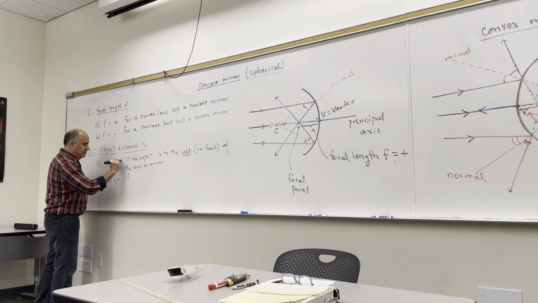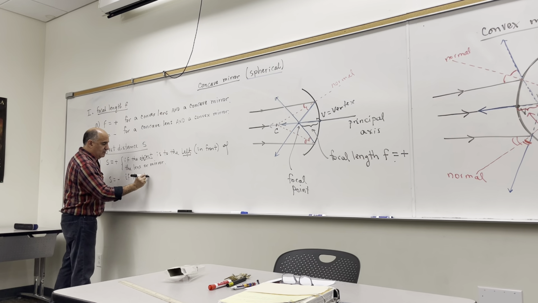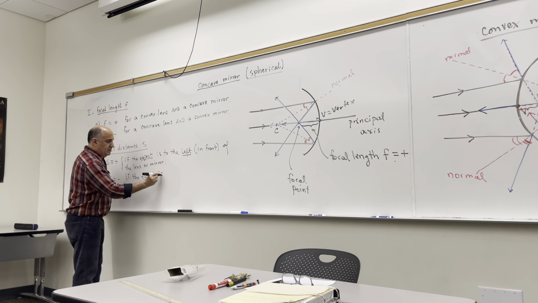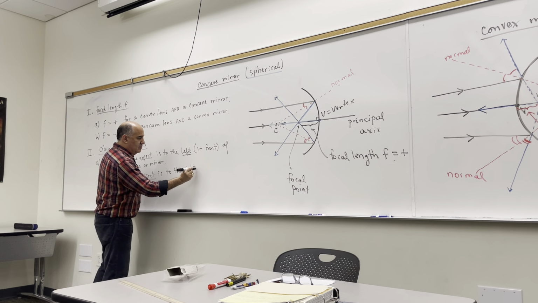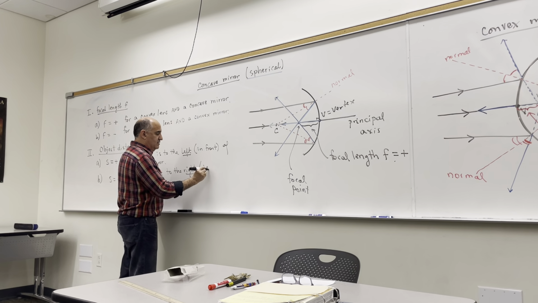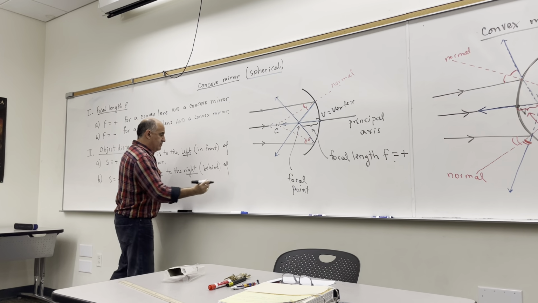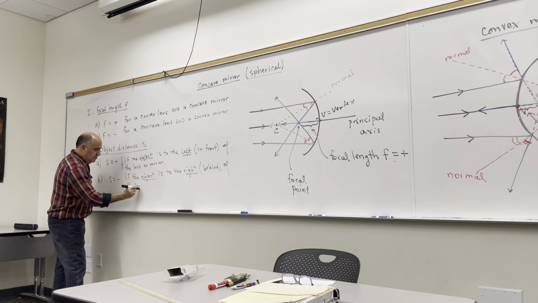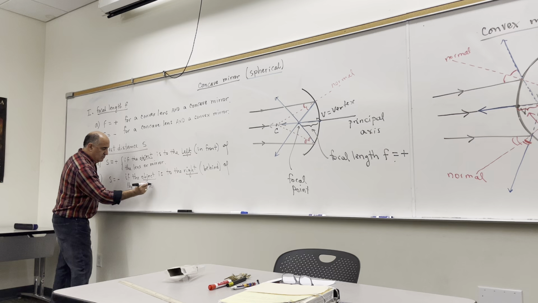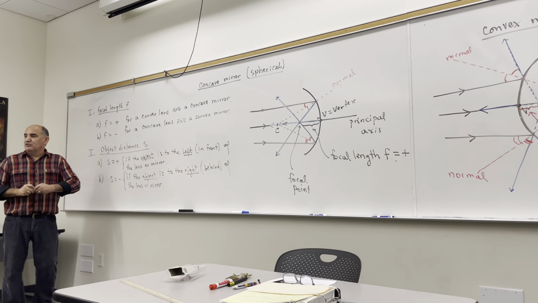If the object, talking about an object, is to the right, which means behind, of the lens or mirror. So that's pretty straightforward.